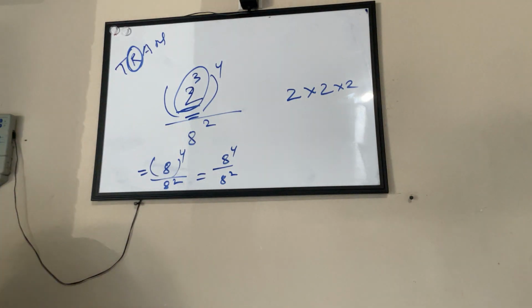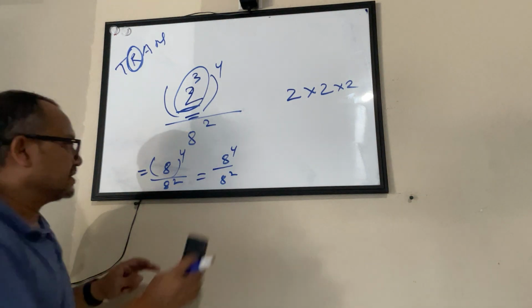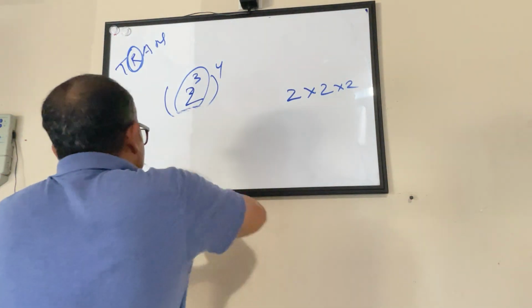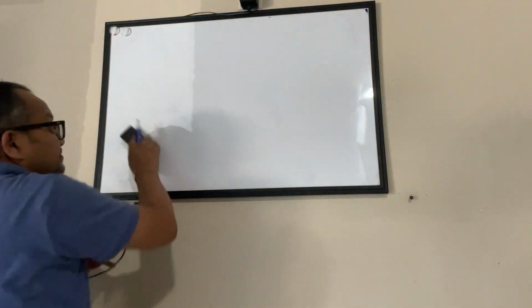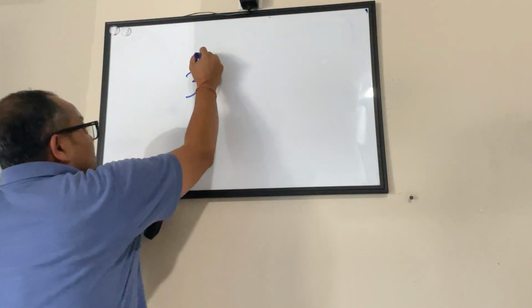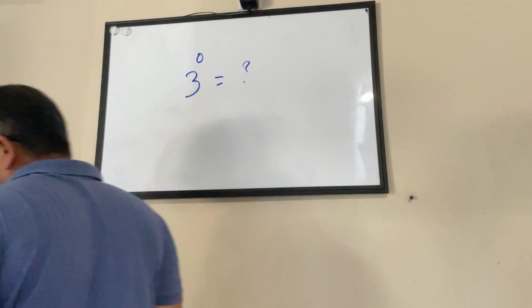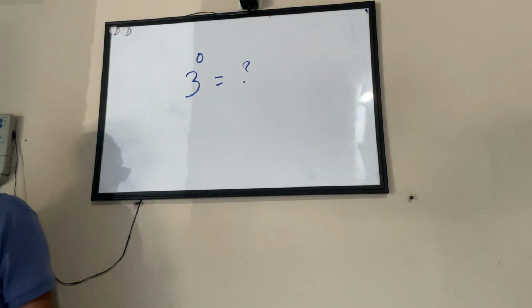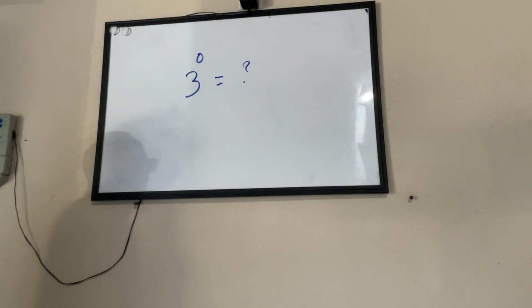Now, let's learn two more things very quickly and then we'll wrap up for the day. Wrap up for the week actually. If I have something to the power 0, what does it mean? 3 to the power 0, how much is that? 3.